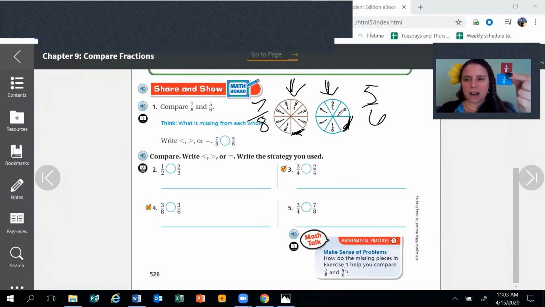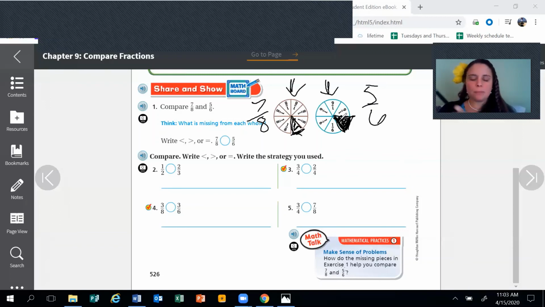So when we're looking at our fraction strip pieces, we have 1/8 and 1/6. Which one is bigger? Right, 1/6 is bigger because the denominator is bigger. So 1/6, this missing piece right here is bigger than this missing piece. Now, because this missing piece is bigger, the rest of the fraction is going to be smaller or bigger?